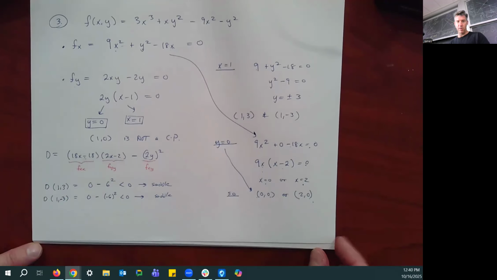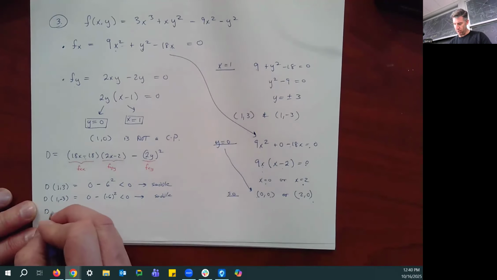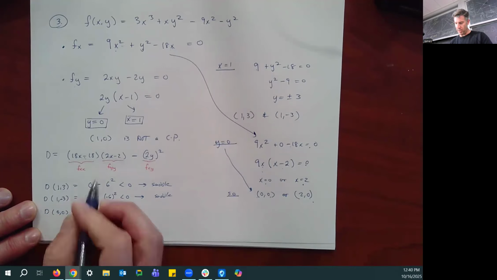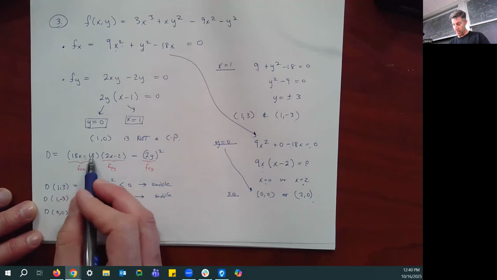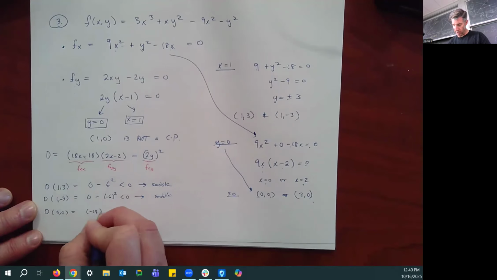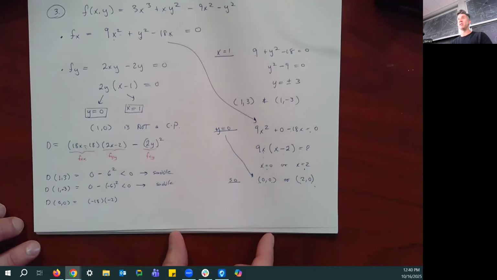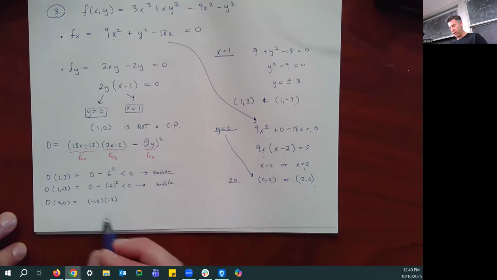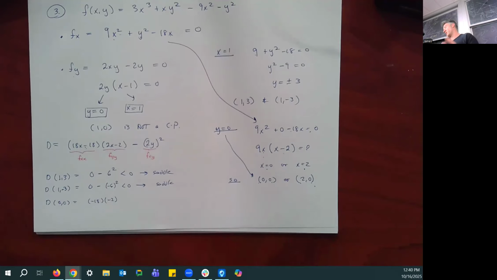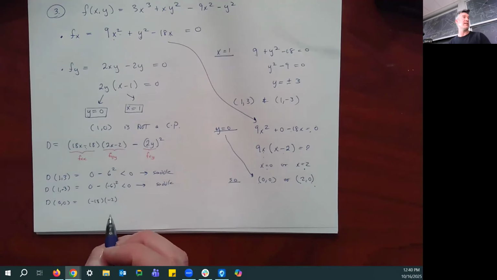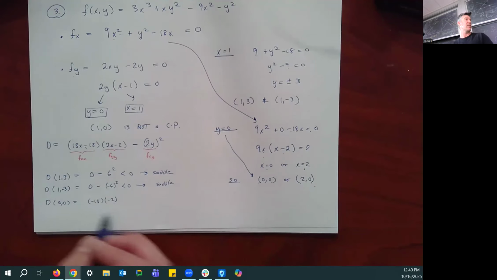Okay, and then the other two. If I plug in 0, 0, we get 0 minus 18, so negative 18 times negative 2. Notice that the way I'm writing it makes it easy to see what fxx is. I'm not multiplying this out and saying it's 36.